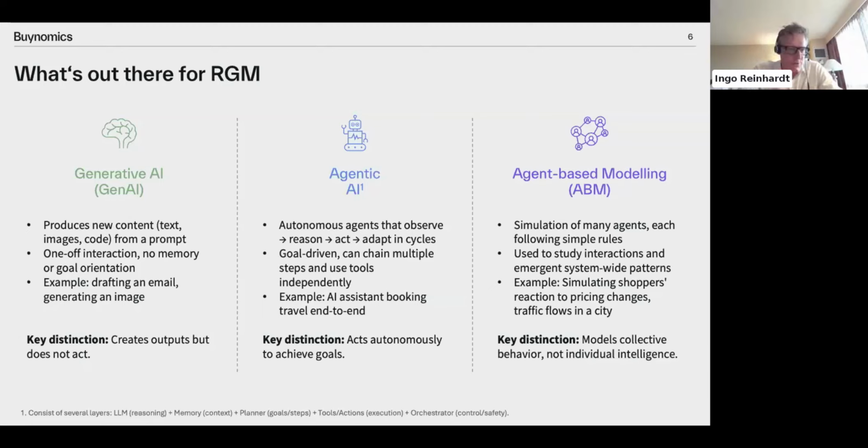For example, to draft an email, or generate specific images based on certain requirements. So they generate specific content, but there's no agency involved, right? So you ask a question, it gives an answer, and the answer is based on some parameters, the proper answer to that question.